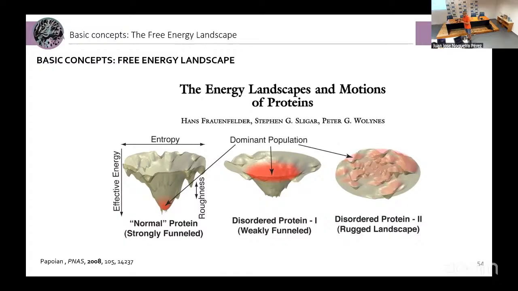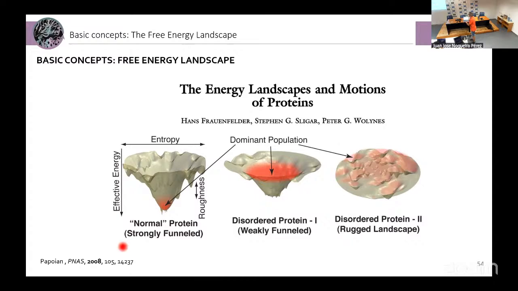What does this mean? Intrinsically, how flexible a protein structure is, right? This free energy landscape can correspond to a normal globular protein, for example. But what happens when we move to more flexible, more disordered proteins?